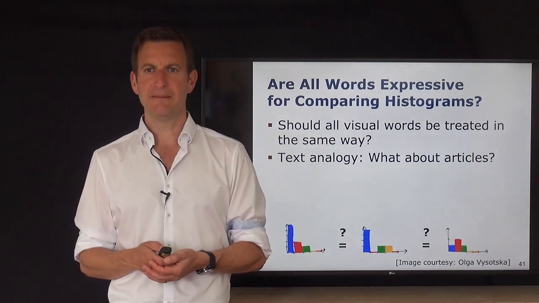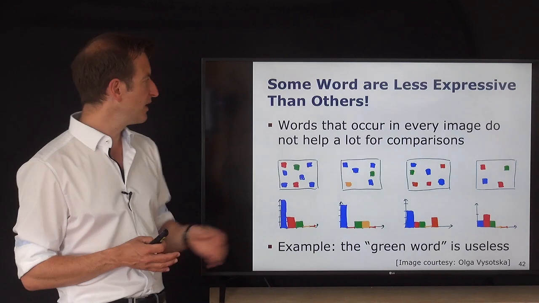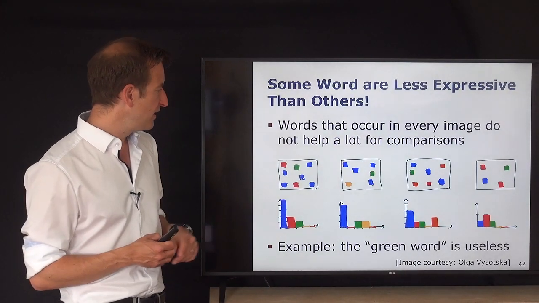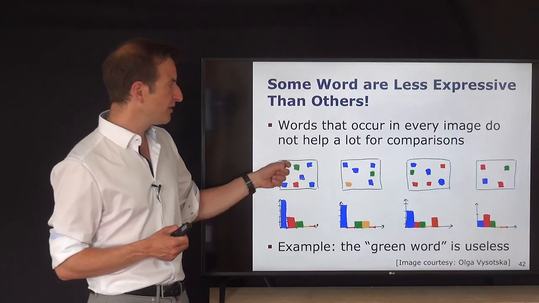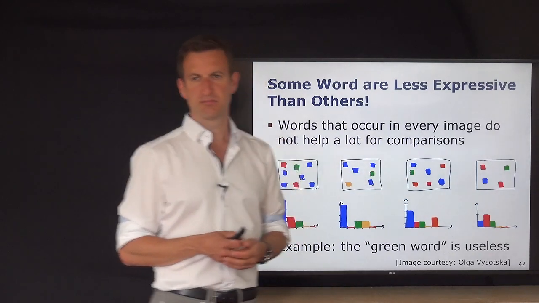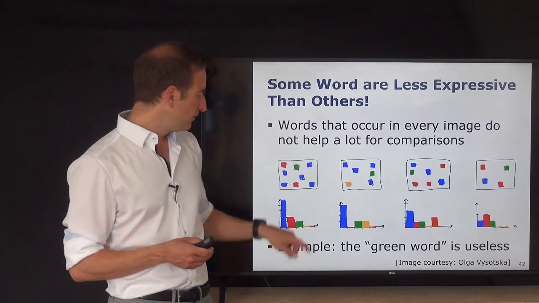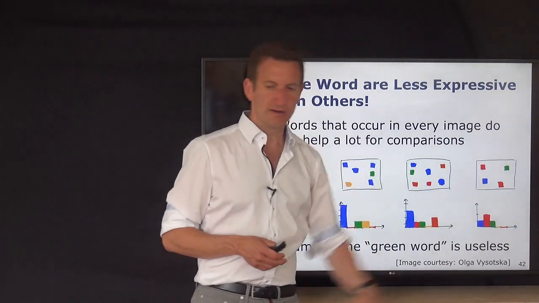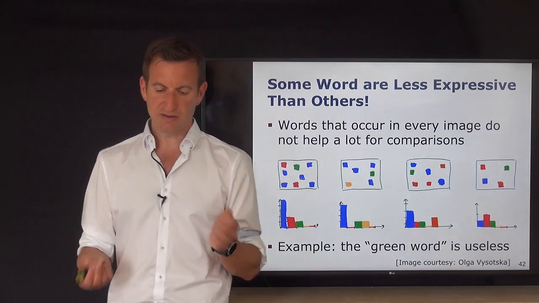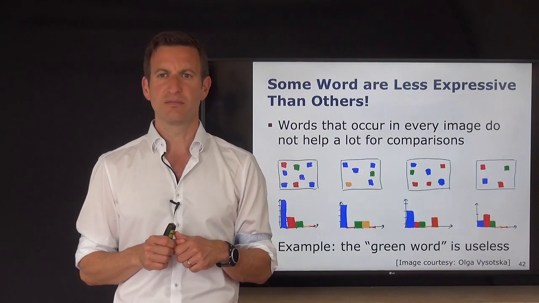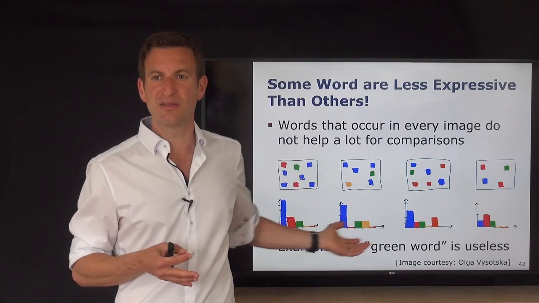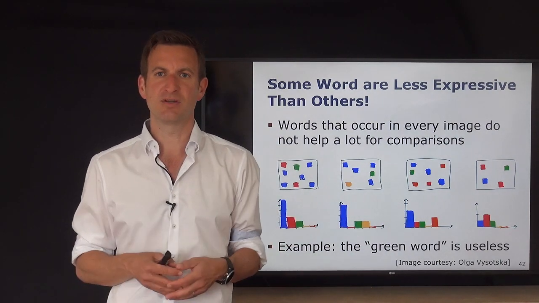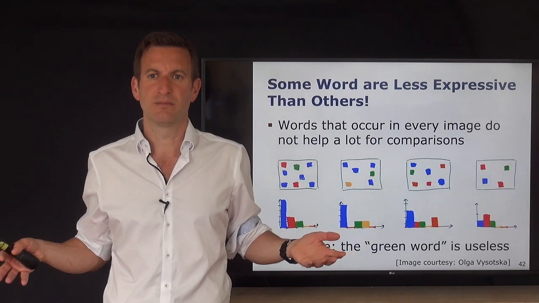So you may want to say, okay, certain words are less relevant for me and other words are more relevant for me. Okay, so let's make an example and we go back to these 4 images that we had. If you look, for example, at the green word, it appears in every image, right? So it appears here, here, here, here. So if I get a new image and I say the green word occurs, it doesn't really help me to narrow down that I'm more likely in image number 1 compared to image number 2, because green appears everywhere, right?